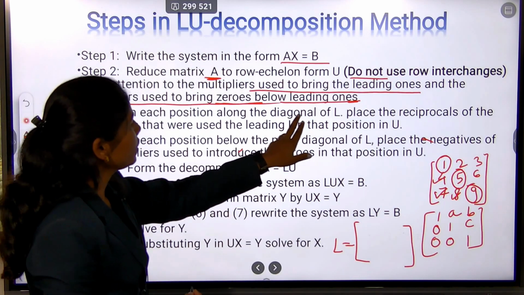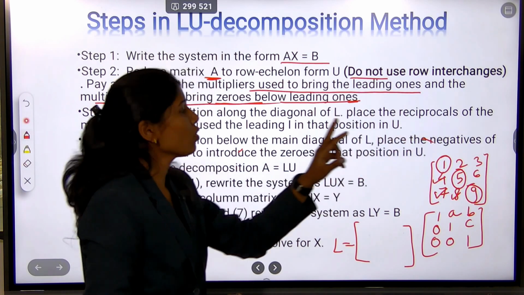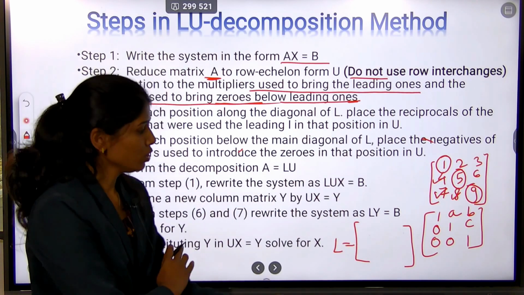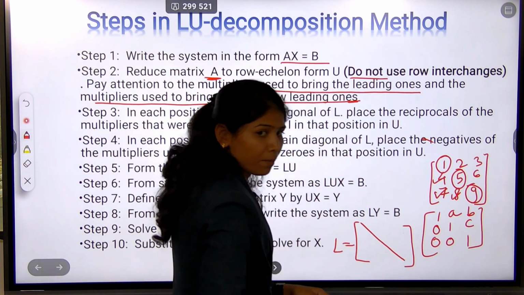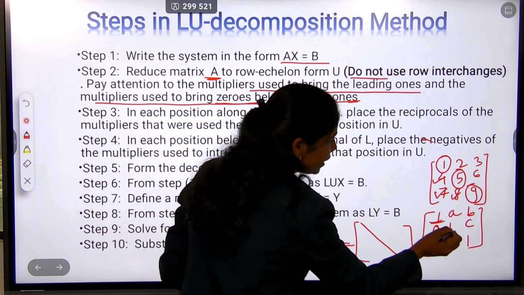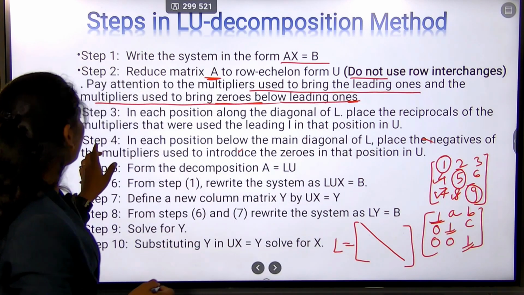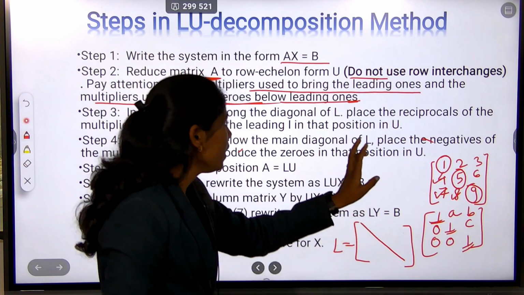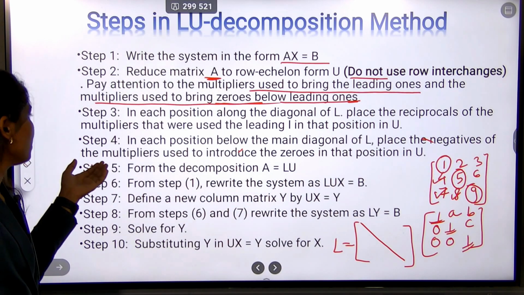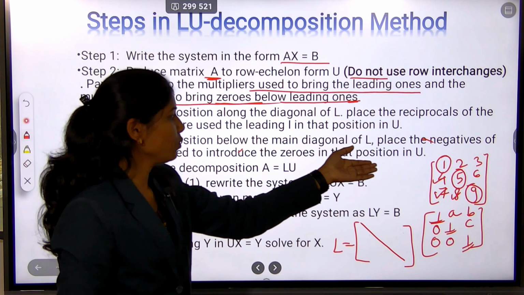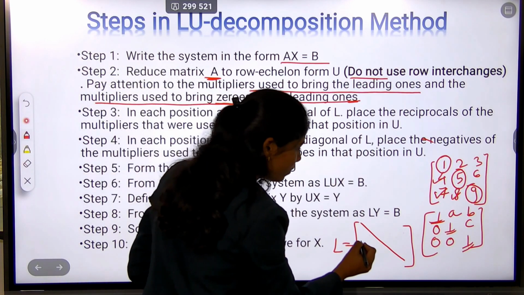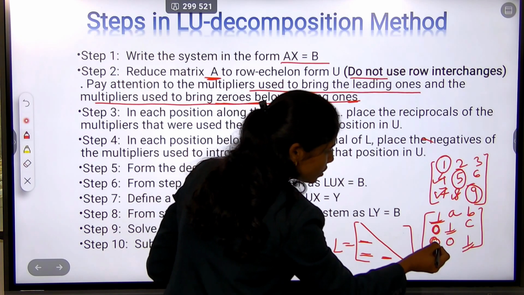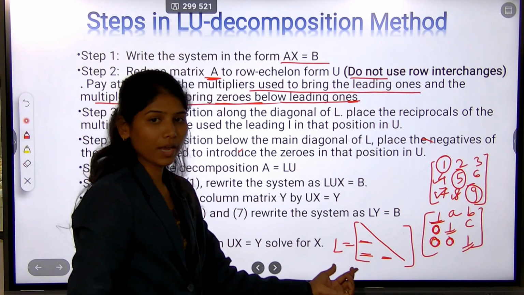In each position along the diagonal of L, place the reciprocals of the multipliers that were used to make the leading one in that position in U. Then, in each position below the main diagonal of L, place the negatives of the multipliers used to introduce zeros in that position in U. In this way we can form the L matrix.